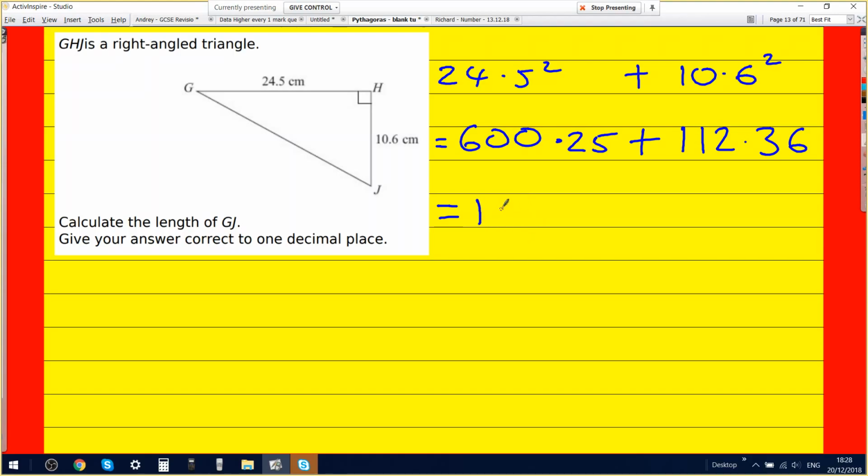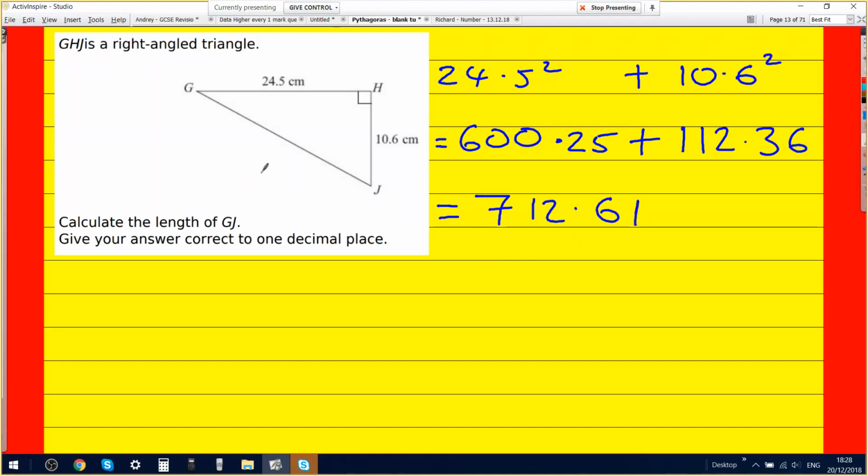Hold on, 600 and... should be about 700, shouldn't it? So my calculator's playing up a minute. 712.61.